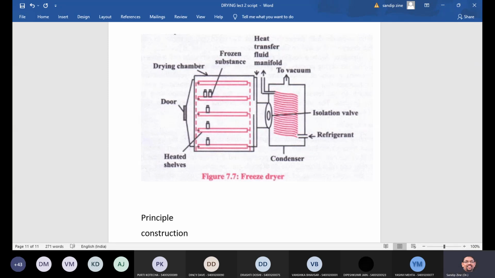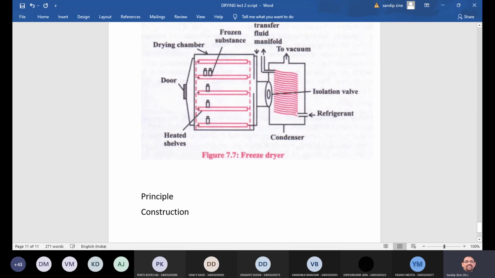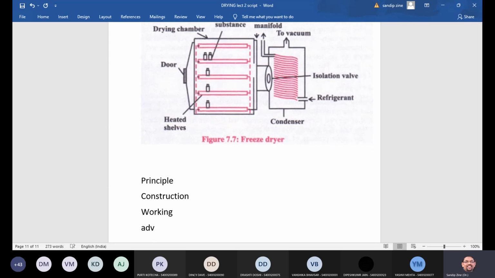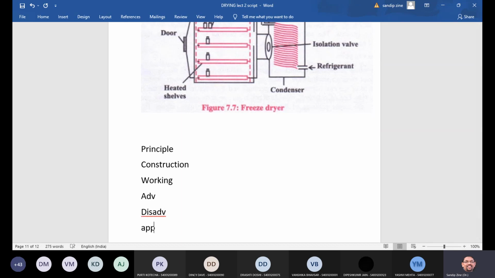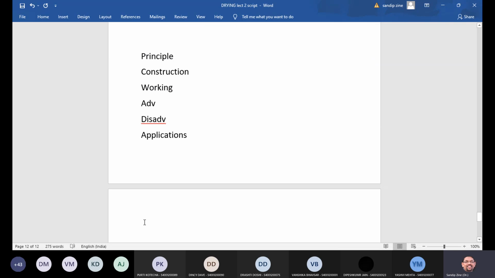This is the construction part. Then overall working of this dryer. Then advantages. Then disadvantages, and pharmaceutical applications, or maybe applications. So these are the 7 points needed, isn't it, to write answers to questions on any dryer.